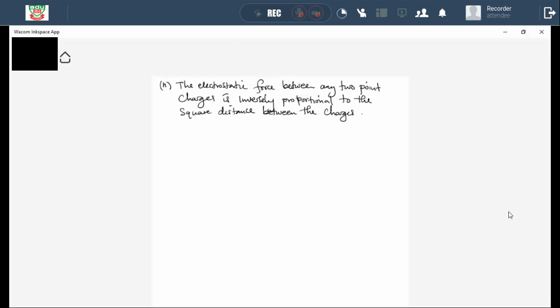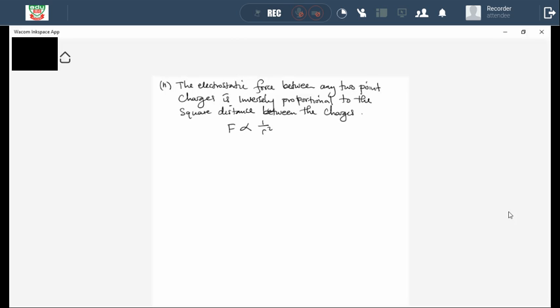So we realize that F is inversely proportional to 1 over r squared. That is an inverse relationship, which means when we increase the distance, we are decreasing the force, and when we decrease the distance, we are increasing the force.